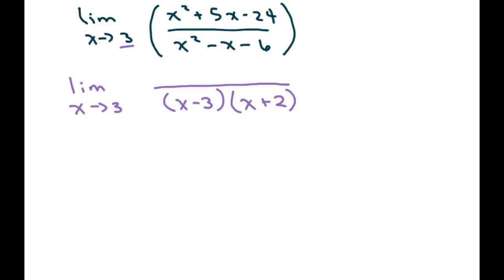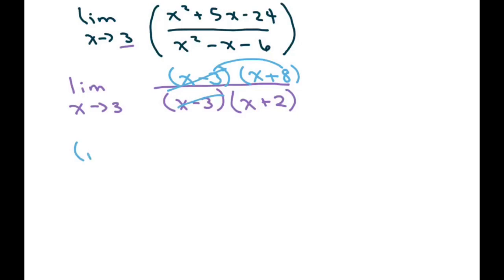More than likely, not always, but more than likely for these simple problems, the numerator is also going to be x minus 3, because you want those to cancel out, and therefore the numerator is going to be x plus 8, because you get your negative 24 there. You can check and make sure you did it right, but these will cancel out.